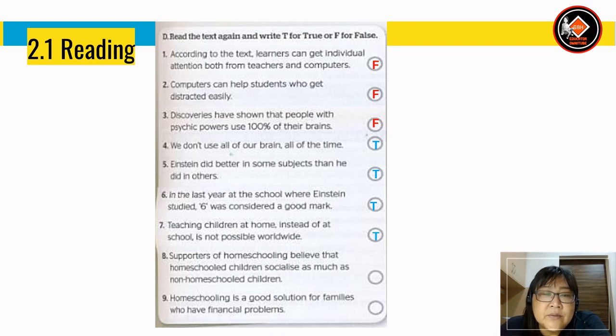So answer is true. Supporters of homeschooling believe that homeschooled children socialize as much as non-homeschooled children. So answer is true. Homeschooling is a good solution for families who have financial problems. So answer is false.